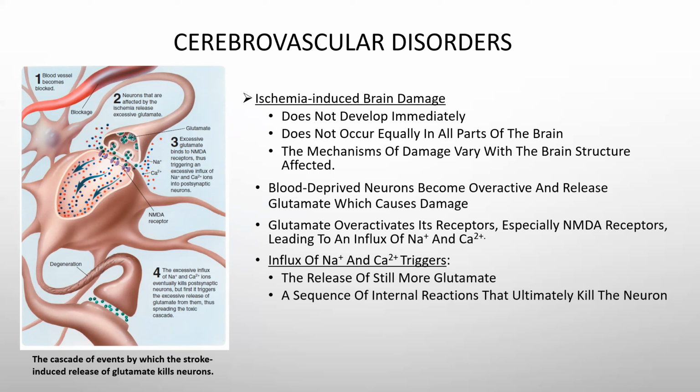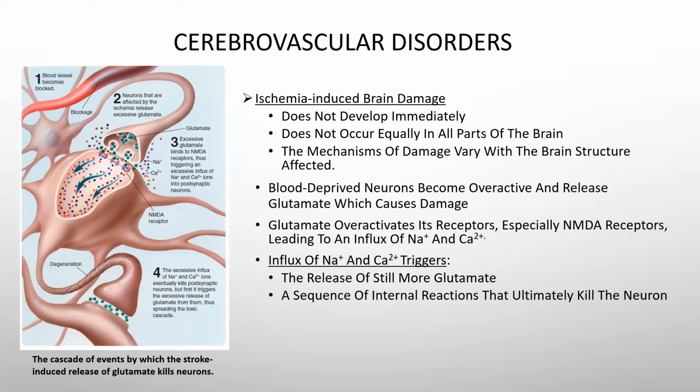So that makes sense. Blood-deprived neurons become overactive and release glutamate, which causes damage. And then the glutamate overactivates its receptors, causing influx of sodium and calcium, thereby triggering the release of more glutamate. And this excessiveness of glutamate will actually ultimately kill the neuron.